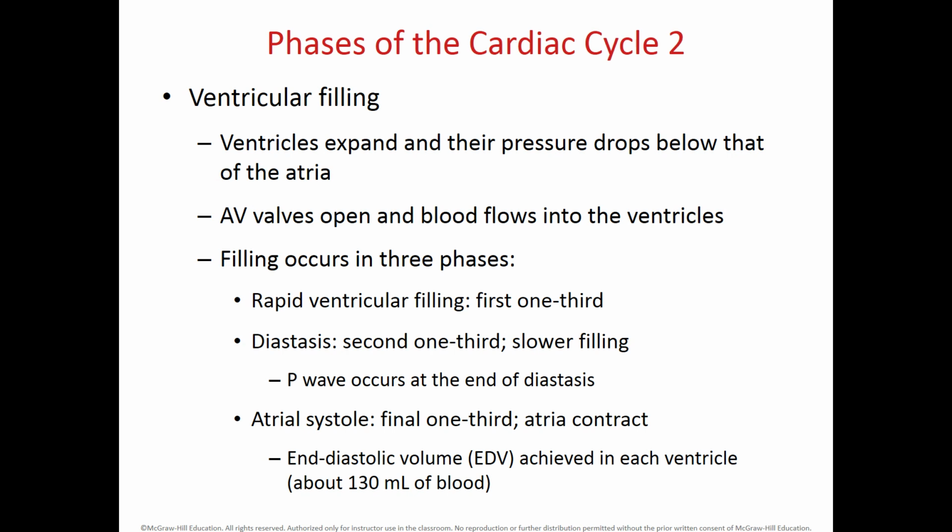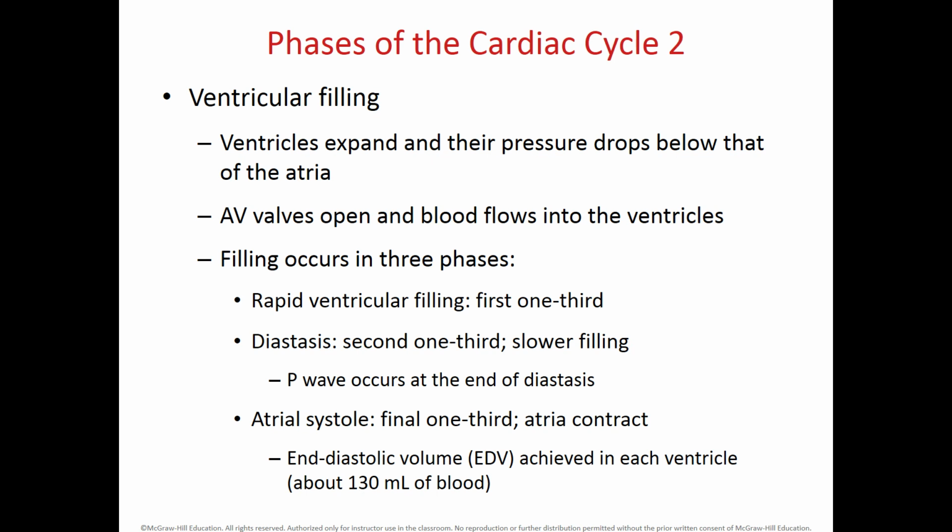So as the ventricles expand, their pressure drops below that of the atria, and you have this ventricular filling. Now you have a rapid ventricular filling that happens in the first third of this phase, and then you have something that is called diastasis in the second third, known as slower filling, and this is when the P wave occurs.